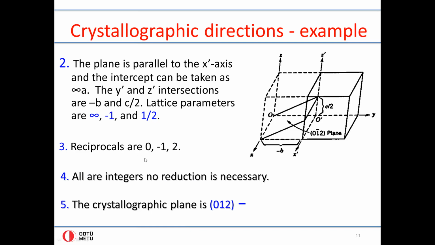What this means is, for example, if you had 0, 2, and 4, the smallest set of integers would be 0, 1, and 2. But here you have 0, -1, and 2, and these can't be made any smaller. So then the integers are as reduced as they can be, hence the crystallographic plane is described as the 0, -1, 2 plane.